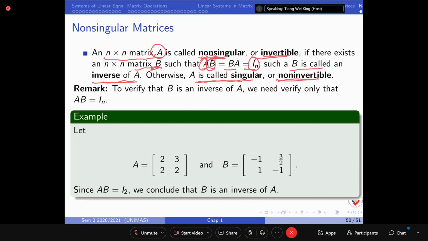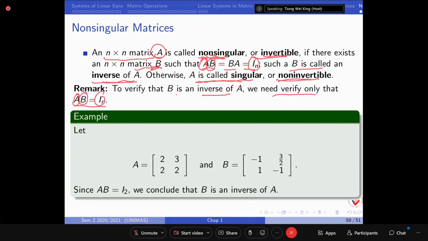To verify that B is an inverse of A, you do A times B equals I, where I is the identity. As I said, if you multiply a matrix A with its inverse, you will get the identity matrix.